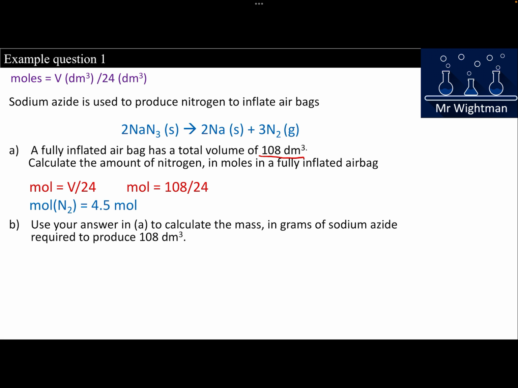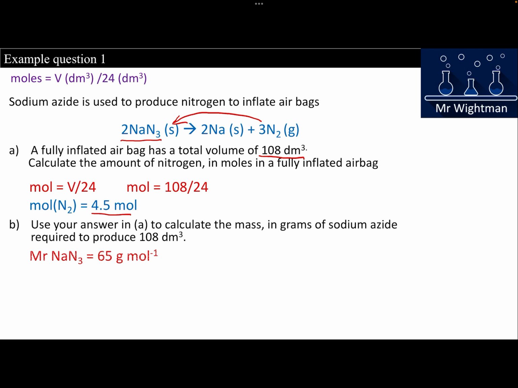Use your answer in part A to calculate the mass in grams of sodium azide, which is NaN3. The ratio is 3 to 2. I can't apply the volume of 108 divided by 3 times by 2 because sodium azide is a solid. So I needed to work out the moles, which the question made me do previously, to work out 4.5 moles.